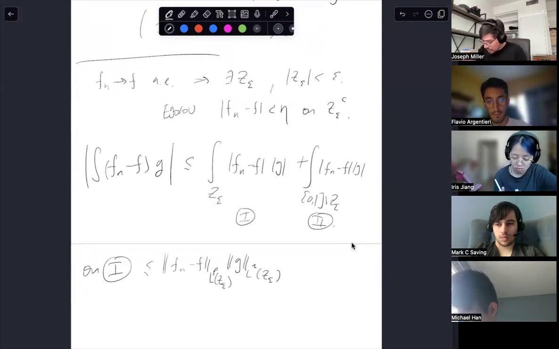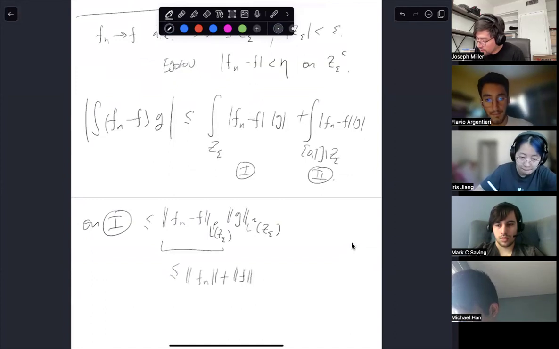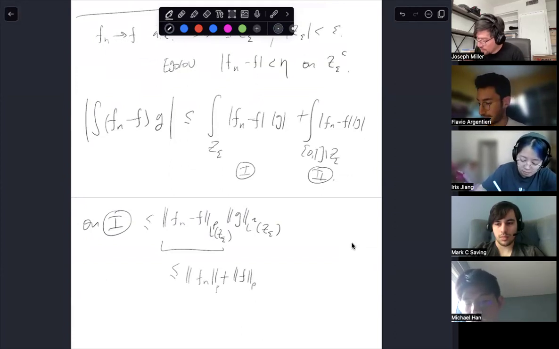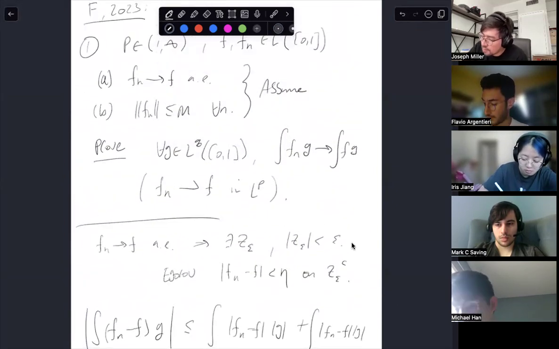And I know this is less than or equal to fn plus f on the whole space, so on P. This is less than or equal to 2m, where m is this bound.